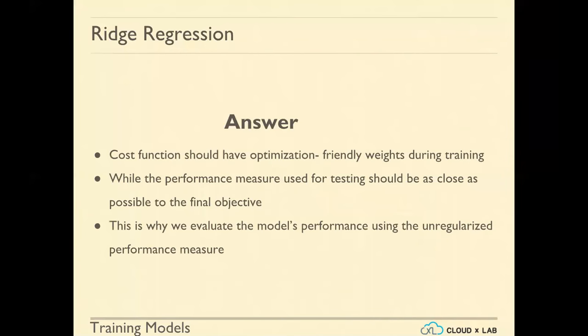The cost function should have optimization-friendly weights during training, while the performance measure used for testing should be as close as possible to the final objective. This is why we evaluate the model's performance using the unregularized performance measure.